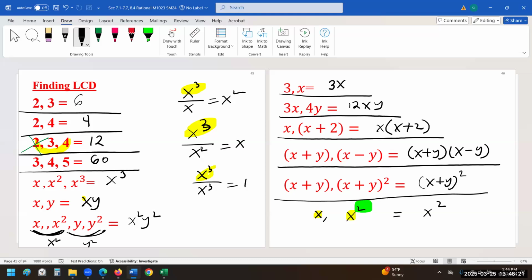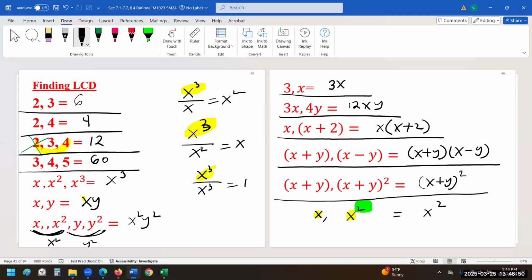That means the LCD is their product. If you cannot multiply something by anything and get the second one, it means the LCD is both of them. Just like 2 and 3. We cannot multiply 2 by something and get 3. That's why the LCD is their product, 6. On the other hand, this is 2 and 4. You can multiply 2 by 2 and get 4. So LCD is the bigger one, 4.